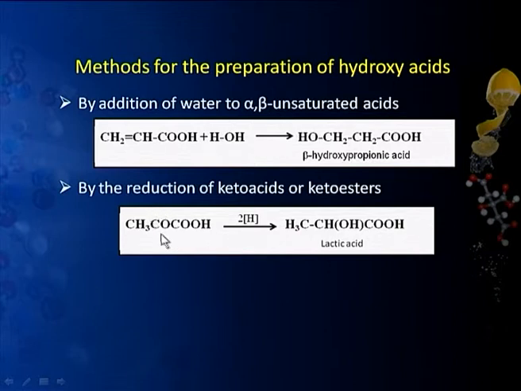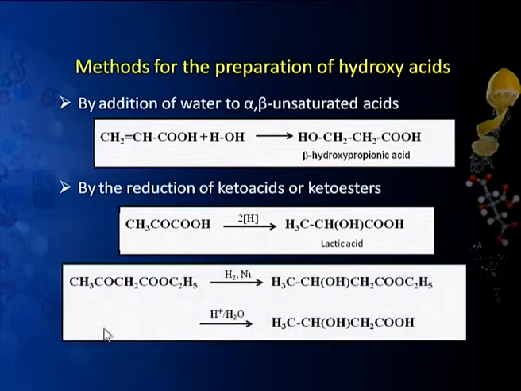This carbonyl group is reduced into CHOH. Suppose we have ethyl acetoacetate. Now, this is CH3CO, this CO is reduced into CHOH, and then we hydrolyze this ester part, we get carboxylic acid where the hydroxyl is present at the beta carbon, because it was the beta carbon here that was present in the form of carbonyl group.